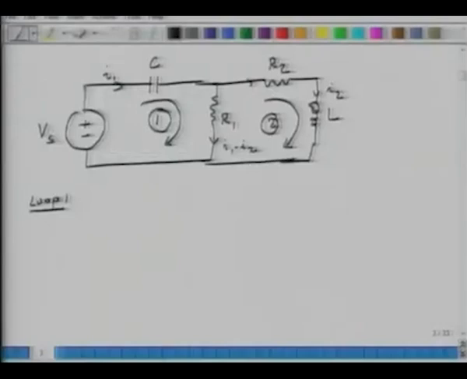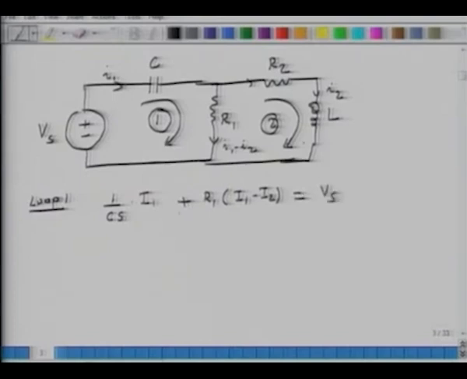C gets mapped as 1 over Cs, L gets mapped as L times S. Then for loop 1 my equation is going to be 1 over Cs times I1, and in this part I have R1 times I1 minus I2, and this entire thing equals Vs.